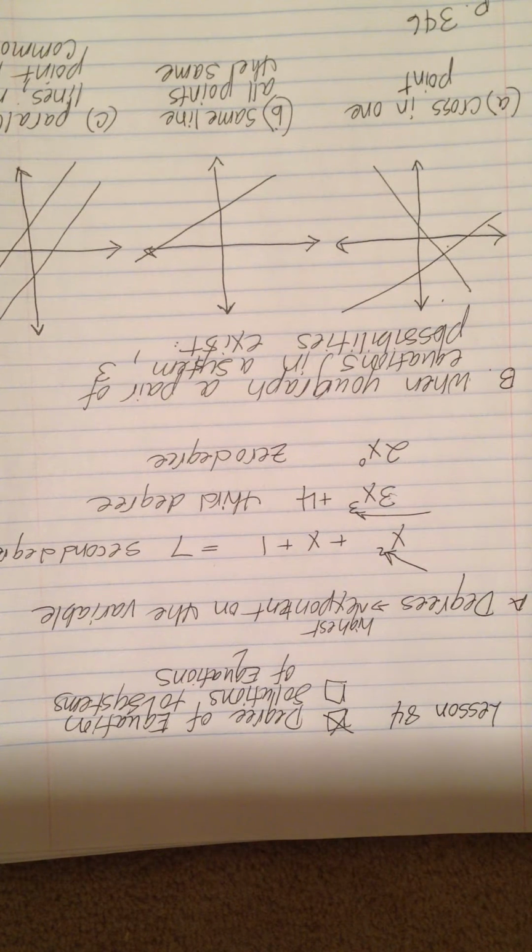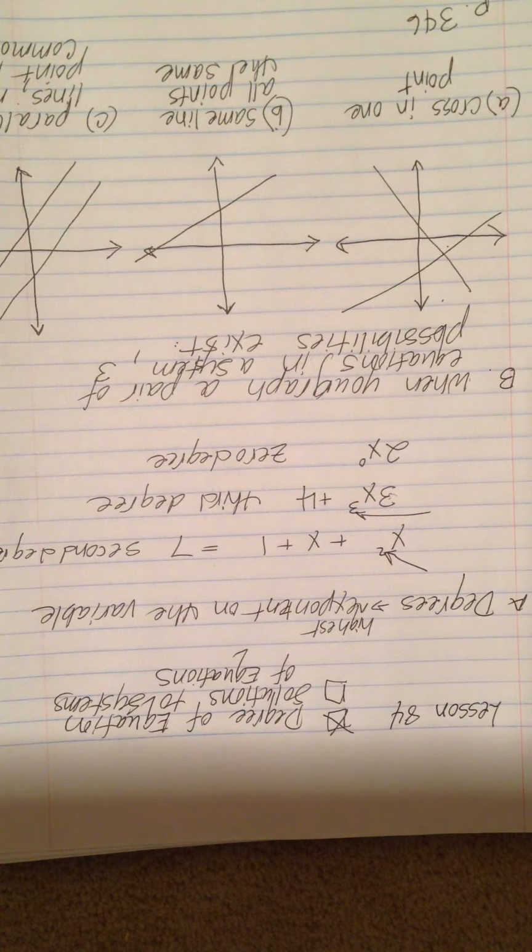If a system of equations has at least one solution. Sorry, I'm just looking at the book because the words that they're using don't really make that much sense to me.